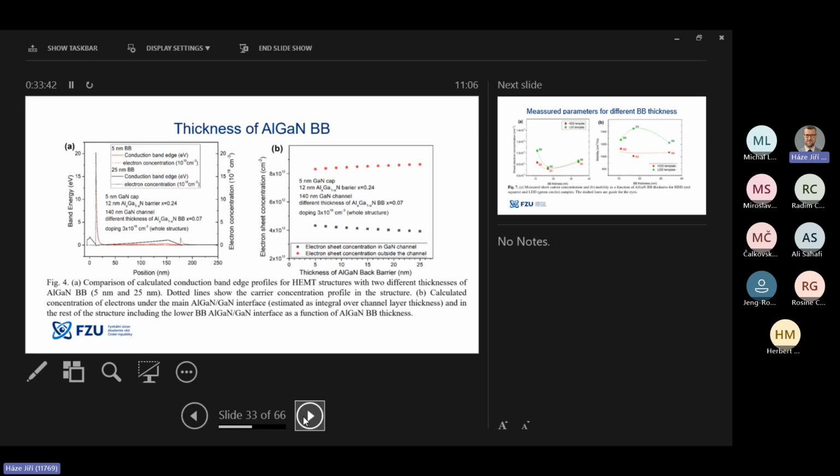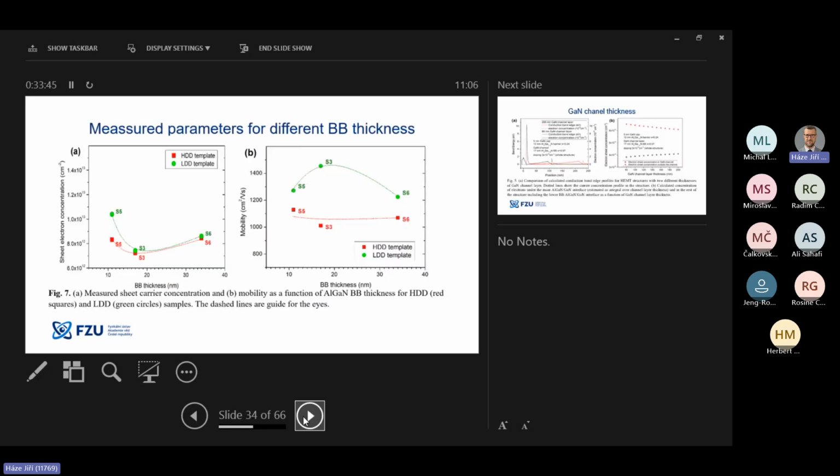The same was with the thickness of the AlGaN back barrier, where the optimal thickness was around 40 nanometers, with the best results achieved on the mobility. Again, in too thin layers, some carriers can still penetrate into the bottom part of the structures.